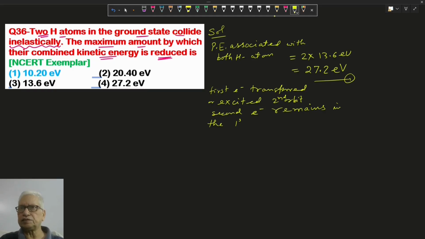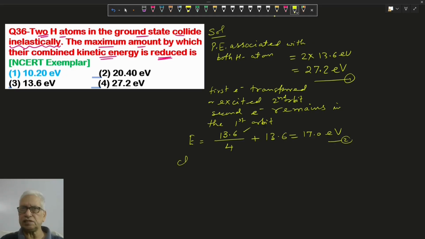in the first orbit. So now the total energy is given as, for the first electron, 13.6 upon 2 squared, and the second one remains in the first orbit. Solve it, that is 17 volt.